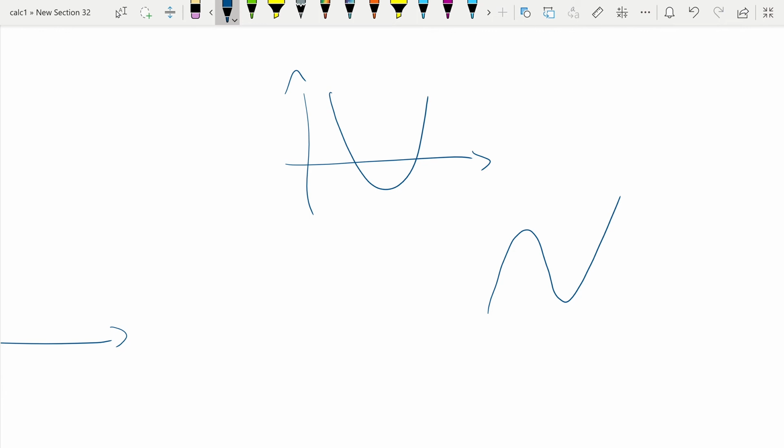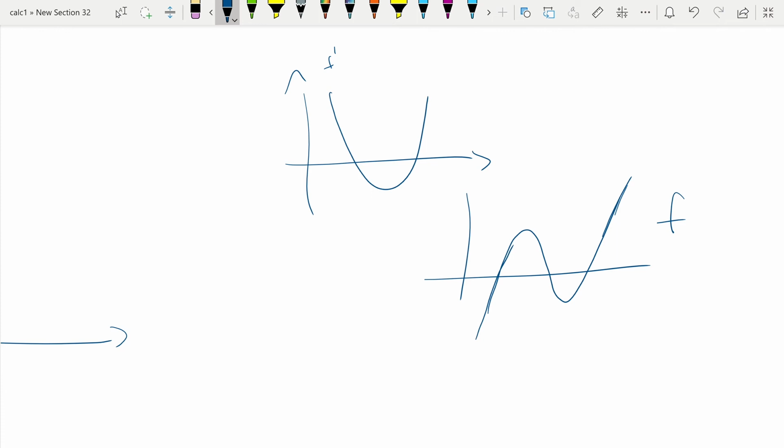But given the sign of f prime, meaning that f is going up first, and then after a while it becomes positive again, this should be the graph of f. So if f prime looks like this, then the graph for f should look like this.